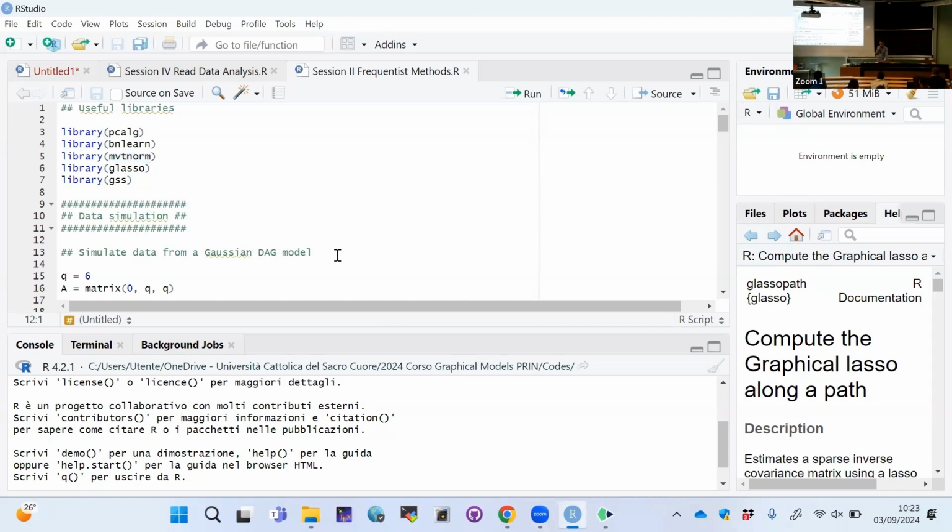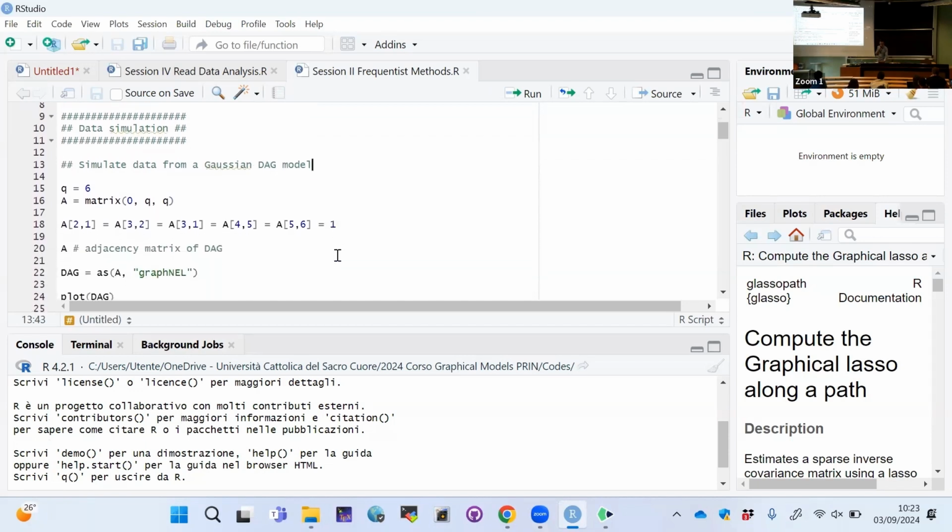Okay, so what I would like to do now is to simulate some data from a Gaussian graphical model, and I will consider a Gaussian DAG model for simplicity. I will exemplify this with a very simple example.